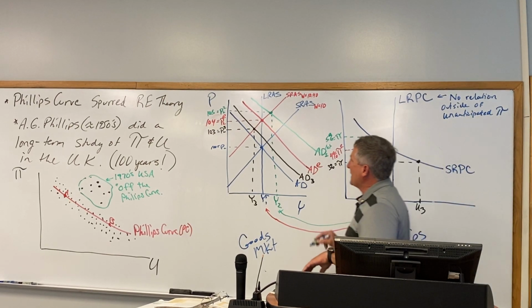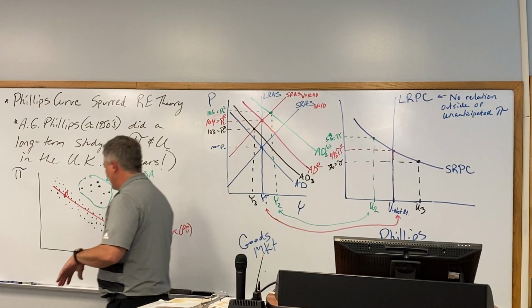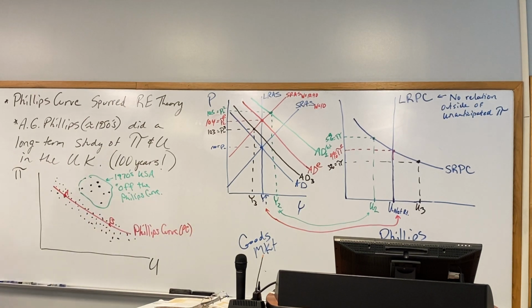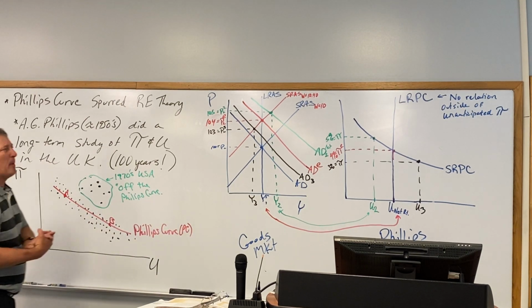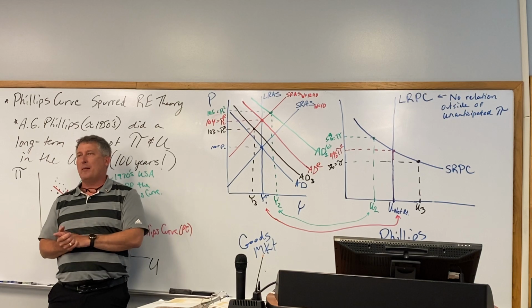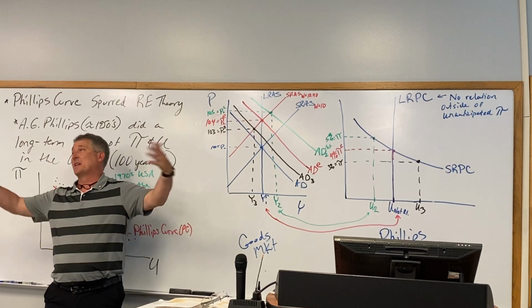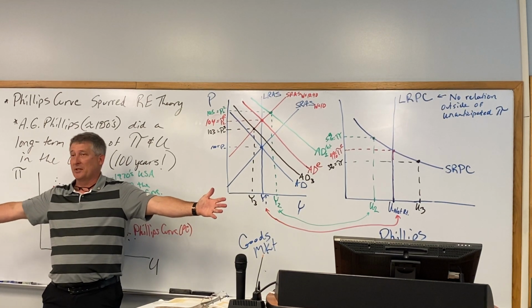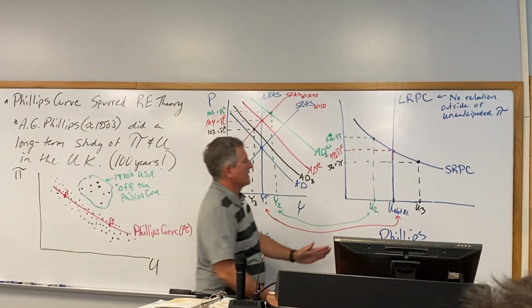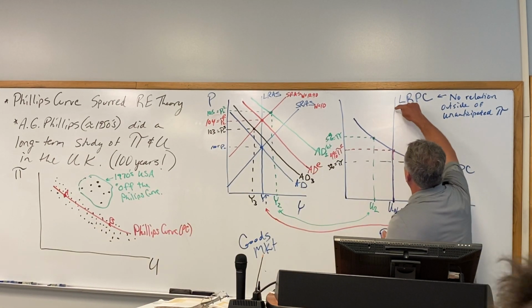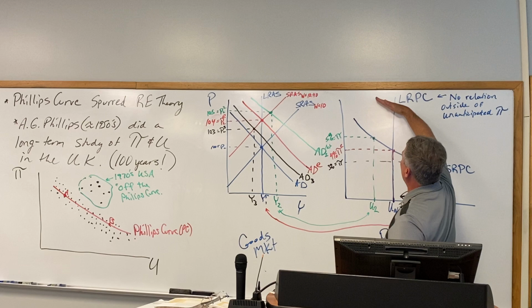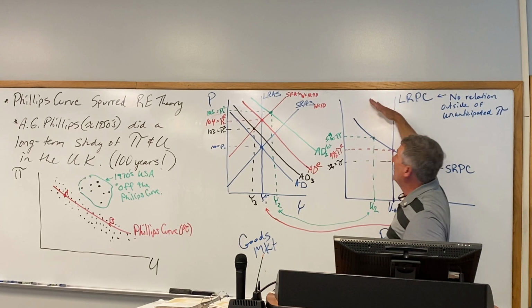So we were expecting 4%, and now, because of what the Federal Reserve did, and they bought a bunch of COVID bonds and so on, let's say now we're expecting 10% inflation. Well, the 10% inflation is up here somewhere, and so the Phillips curve would shift up.